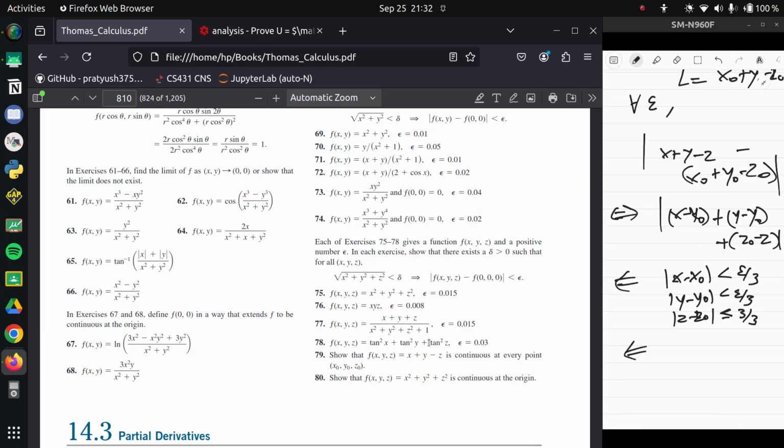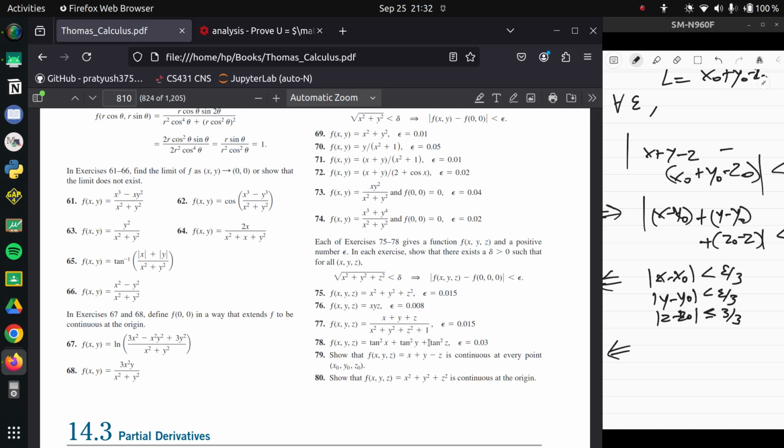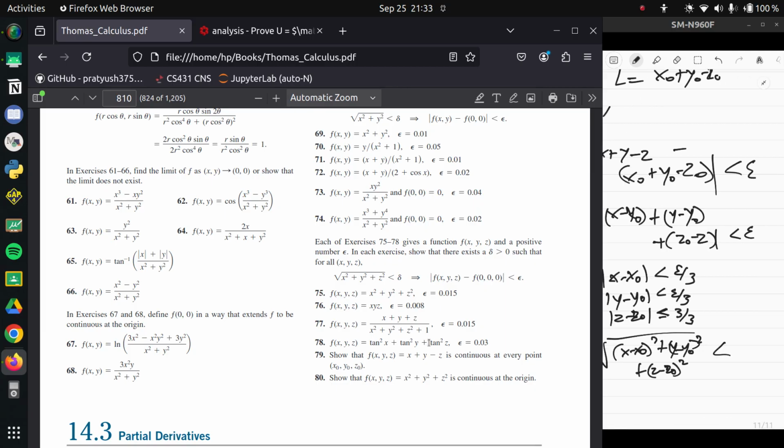Which reverse implies happens if, so you want all of these to happen simultaneously, right? Yeah, so it's just gonna be like square root of square, come on, it's just epsilon by 3.